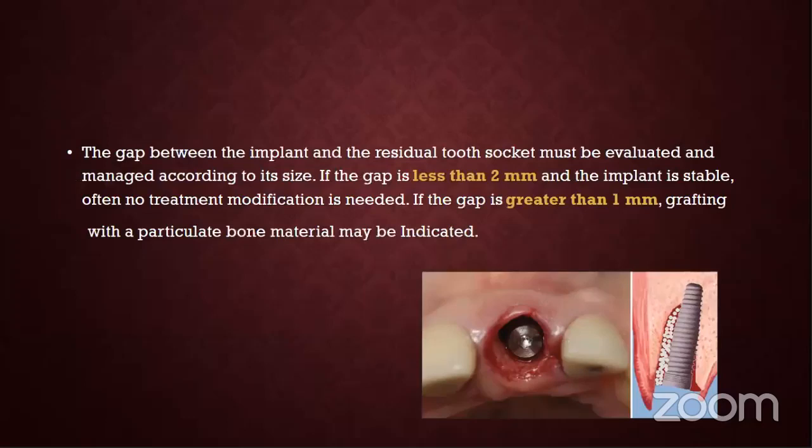When we place the implant in a fresh socket, we always have a gap between the body of the implant and the facial bone. If the gap is less than 2 millimeters, we don't need to use bone material.